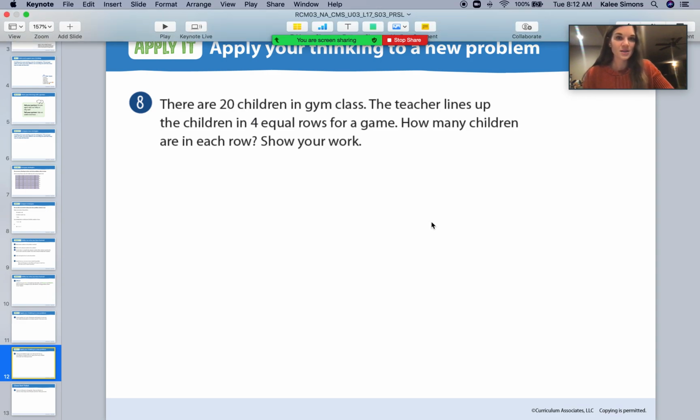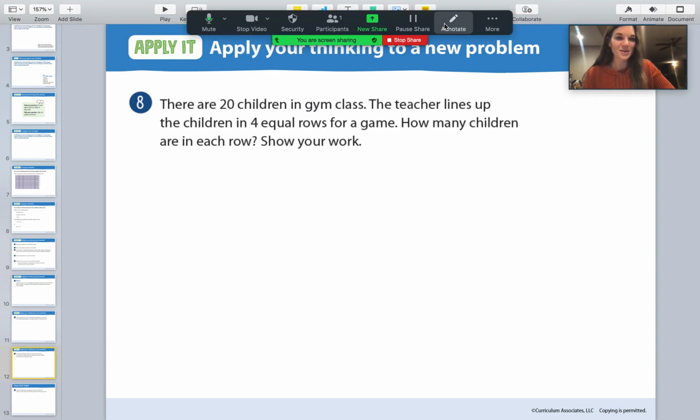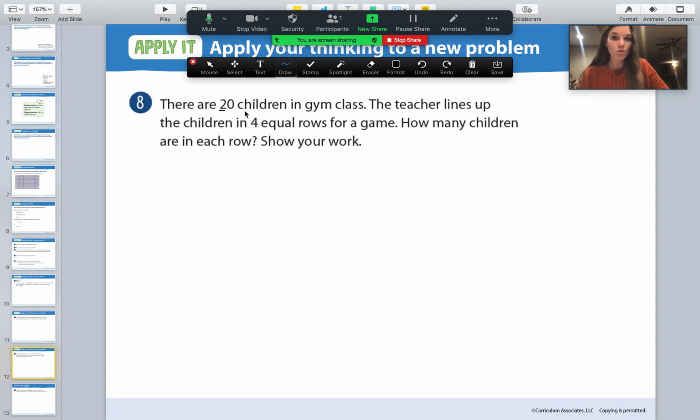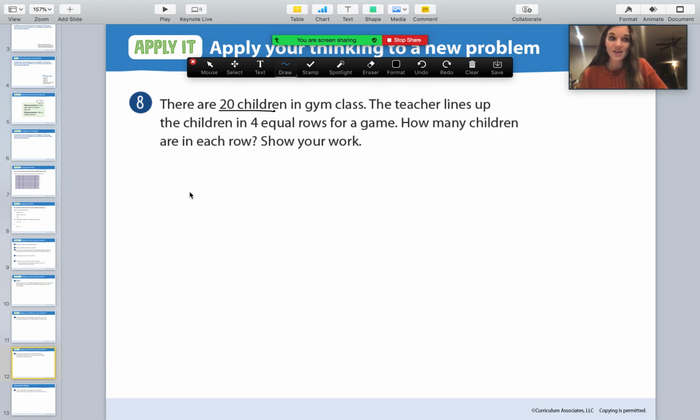Okay. If I can get my little pen out. All right, so we know 20 all together. So this will be a division problem. 20 divided by, so there are 4 equal rows, but we don't know how many are in each row. So we'll do 20 divided by 4 equals what?